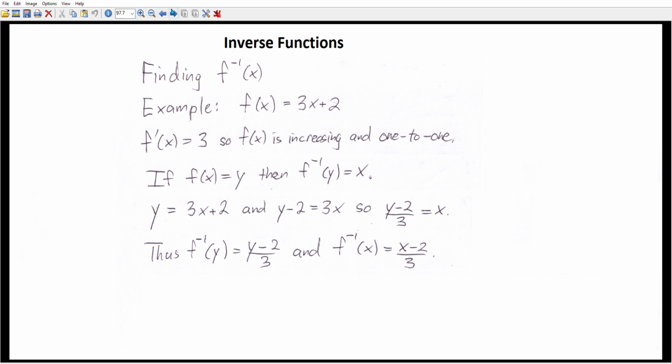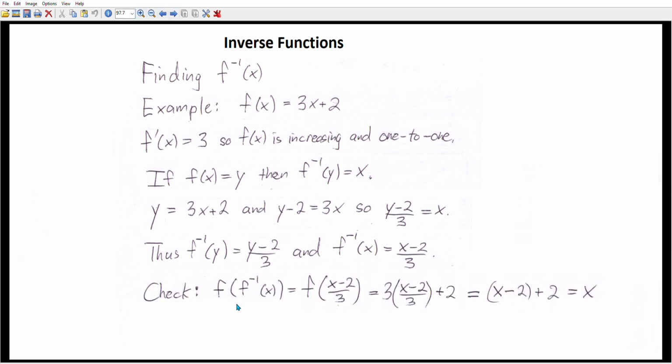Now let's just check to see that this has actually worked. f of f inverse of x is f of, and now f inverse was x minus 2 over 3. f takes whatever you put in here, multiplies it by 3, and adds 2. And we do that. 3 times x minus 2 over 3 is x minus 2 plus 2.